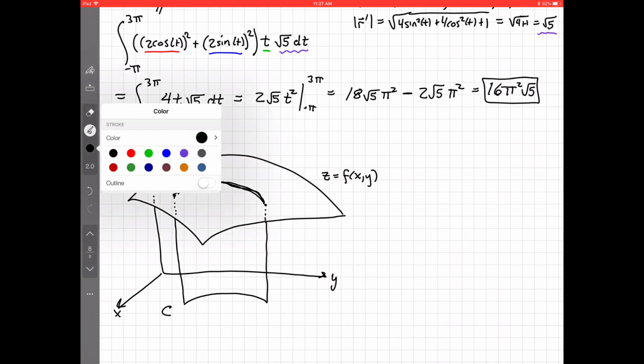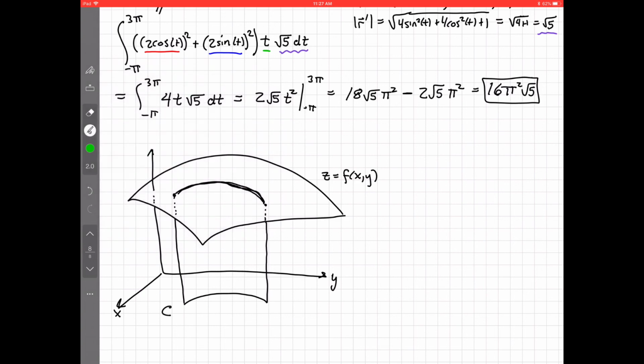So we have a curve on the surface up here, a curve down in the plane.